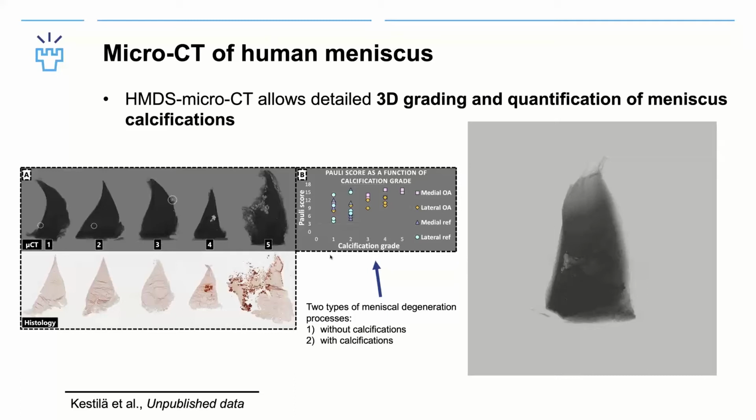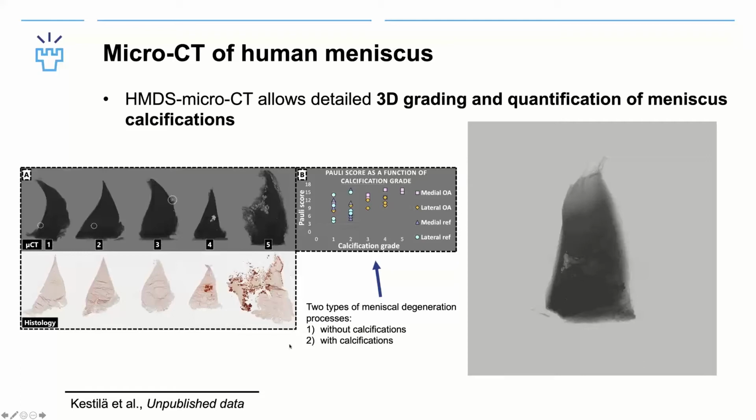One without calcifications and another one with calcifications. Our collaborators in Lund said that this also supports their clinical findings, but this hasn't been shown earlier, because calcifications are really difficult to analyze comprehensively in histology.